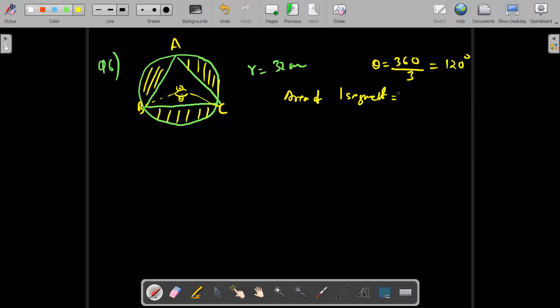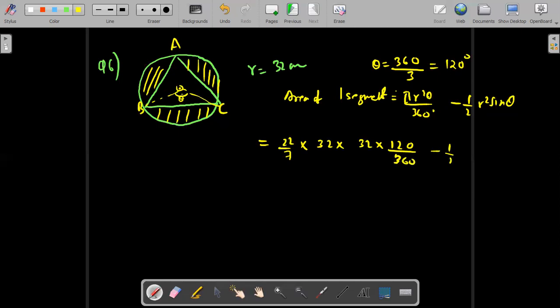So area of one segment will be pi r square theta by 360 minus half r square sine theta. That is the formula. So 22 by 7 into radius, which is given as 32. The angle we have found out, 120 by 360, minus half r square sine 120.